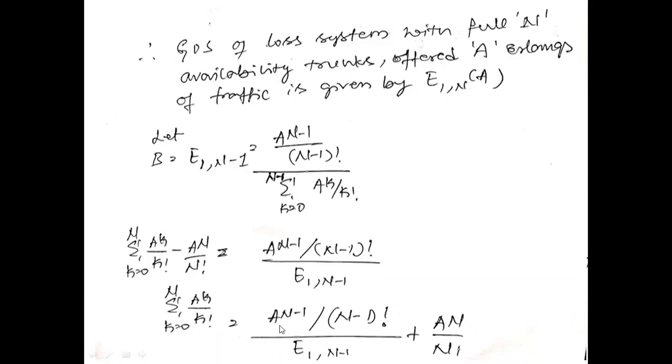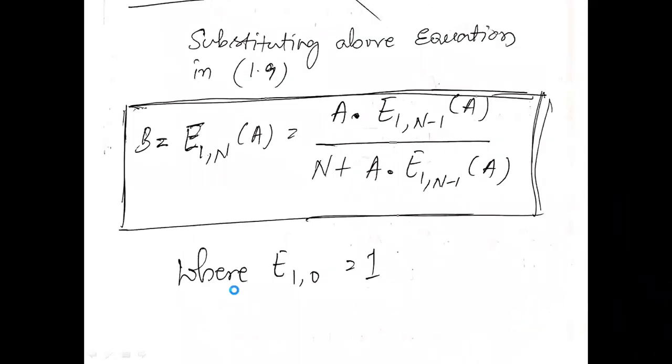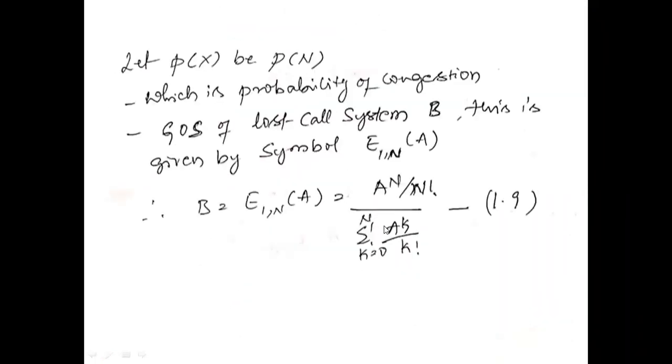The whole equation is a power n minus 1 divided by n minus 1 factorial, the whole term divided by E1 comma n minus 1, which is nothing but the grade of service of n minus 1 trunk, plus a power n over n factorial. This definition of the summation is taken and it will be substituted in equation 1.9.